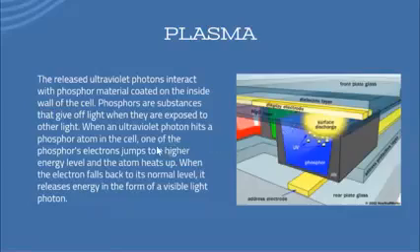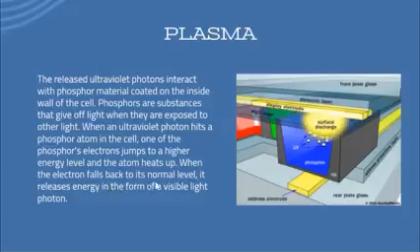When an ultraviolet photon hits a phosphor atom in the cell, one of the phosphor's electrons jumps to a higher energy level and the atom heats up. So once ultraviolet light is produced, it interacts with the phosphor on the wall of the cell, and then the electrons in the phosphor get excited and heat up.